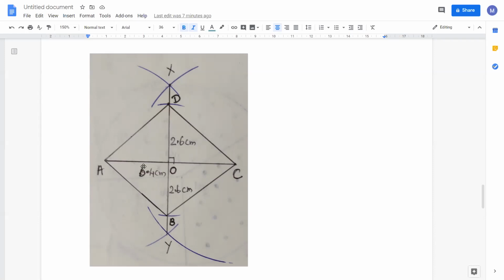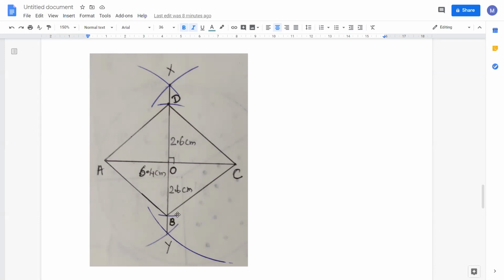With A as center and radius more than half of AC, we have to draw arcs on the upper side and lower side. Similarly, with C as center keeping the same radius, we have to draw arcs in the upper and lower region. Then we will get this line segment as the perpendicular bisector. The perpendicular bisector will be passing through the midpoint of AC and at the same time it will be perpendicular.